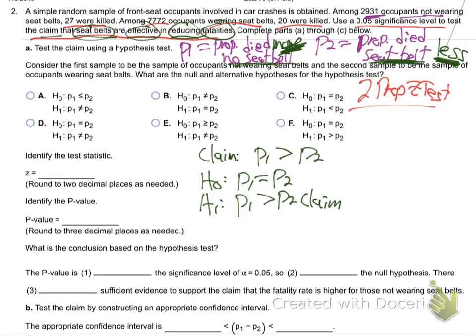Okay, so X1, first population, those who had no seatbelt. X1 in 1: 2931 not wearing, and 27 were killed.